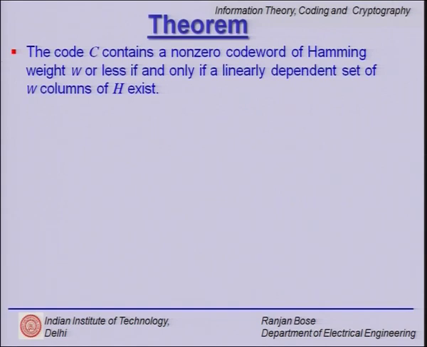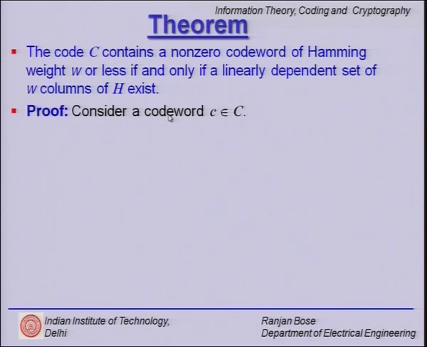Now, we move forward and look at some properties of this parity check matrix H. The code C contains a non-zero code word of Hamming weight W or less if and only if a linearly dependent set of W columns of H exists. So, this is the statement.